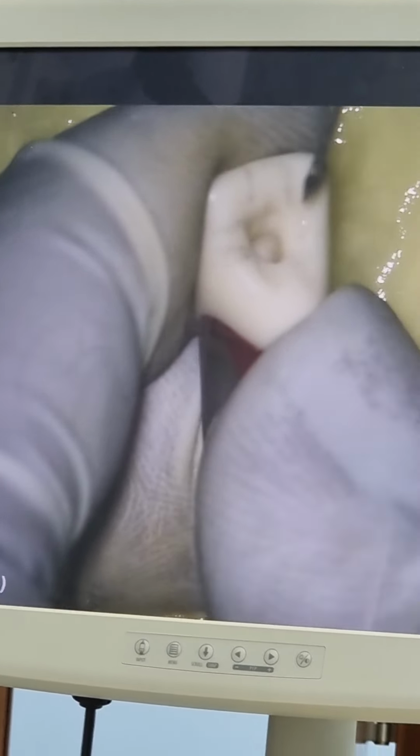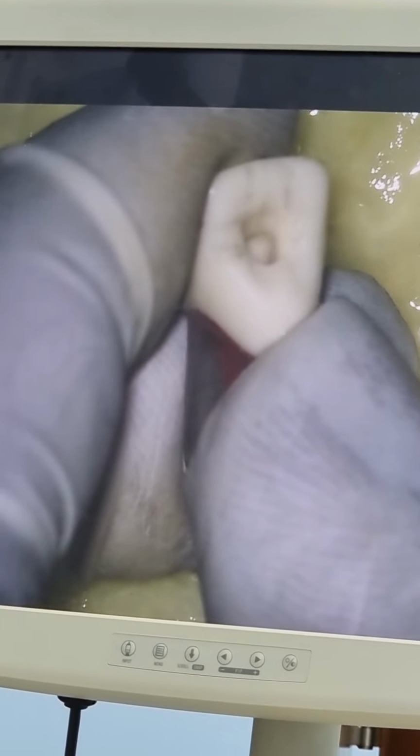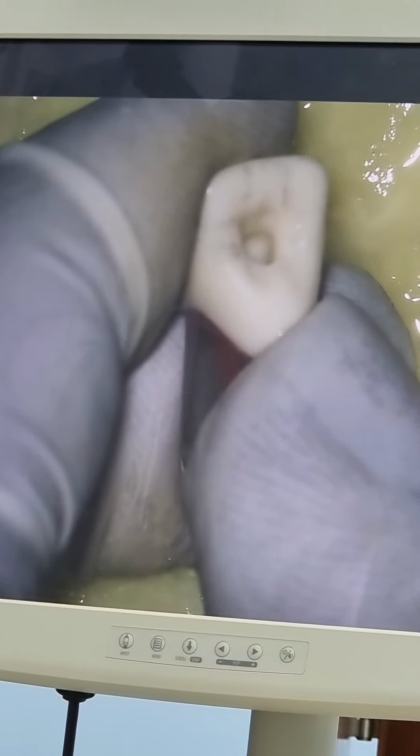It should be rotating when it goes inside the canal, and you go inside and just brush the wall. The motion of the use of Gates Glidden is just brushing or painting. That means no force should be applied on the Gates Glidden. Let it do the cutting on its own. Like you brush the wall, like you paint the wall, the same brushing strokes, inside out, inside out.